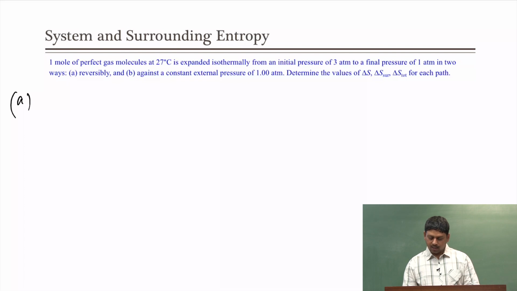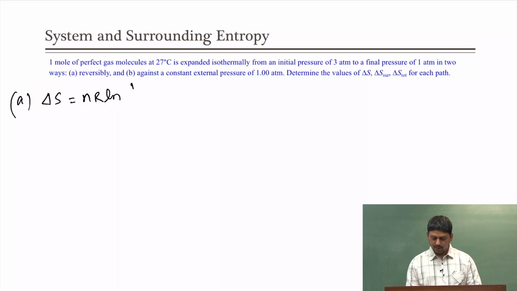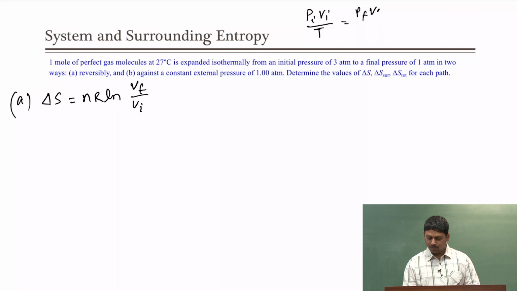It is an isothermal expansion from 3 atmosphere to 1 atmosphere. So what will be the system's entropy? We know the system entropy is from the formula nR ln(Vf/Vi). Now, from the ideal gas relation, since it is isothermal, PiVi/T equals PfVf/T, which means that Vf/Vi will be Pi/Pf.